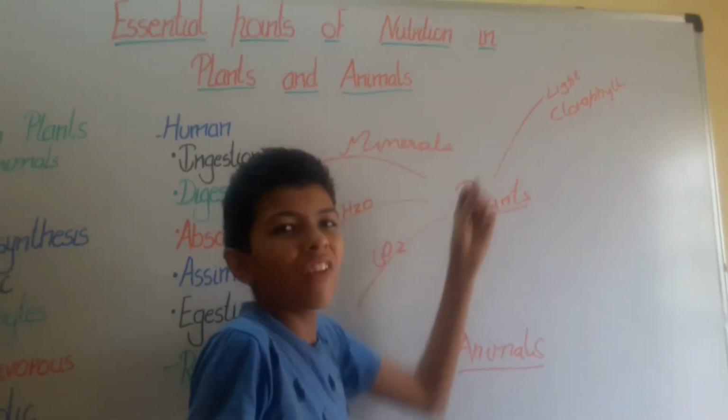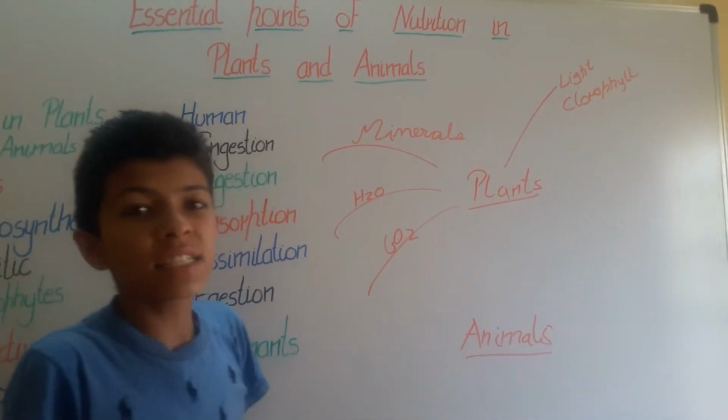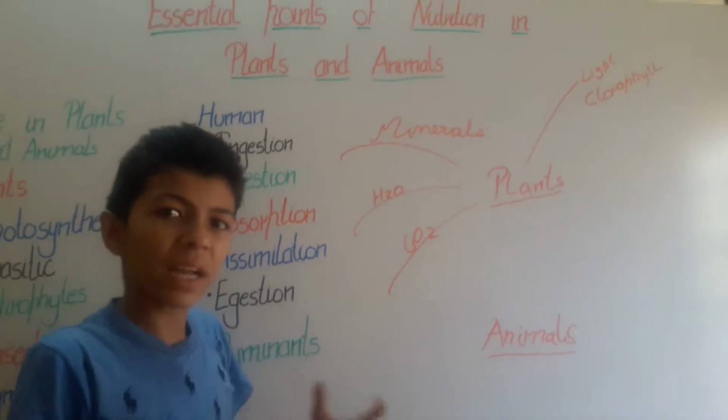So friends, what is chlorophyll? Chlorophyll is a pigment which is used to make its own food.